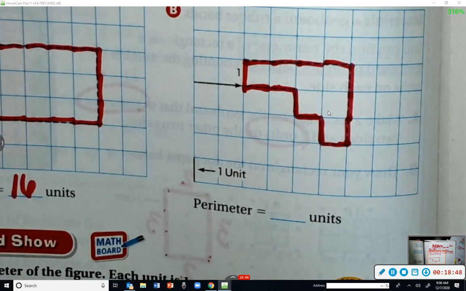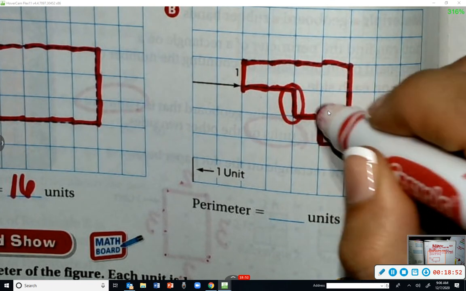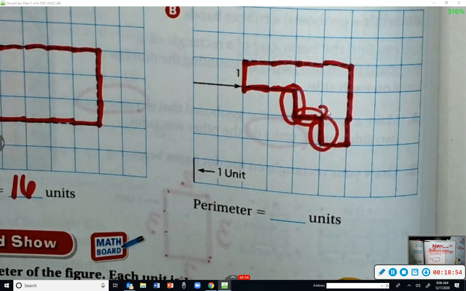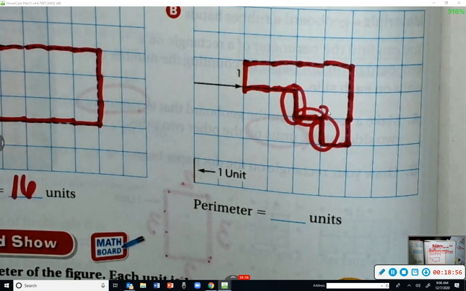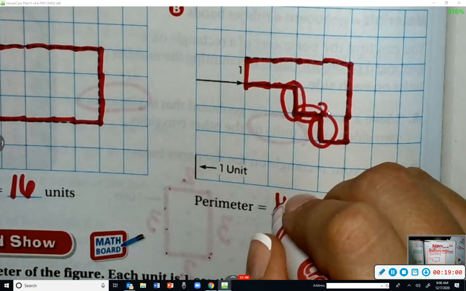So we traced around every side, including these little corners where we had to turn. And what was the last number I said? 14. So your perimeter is 14.